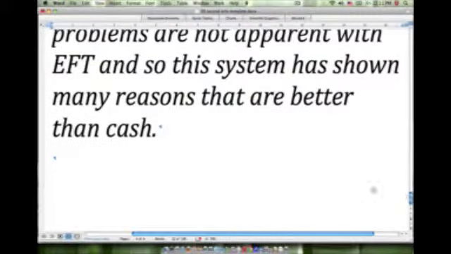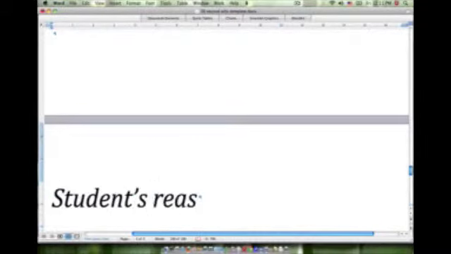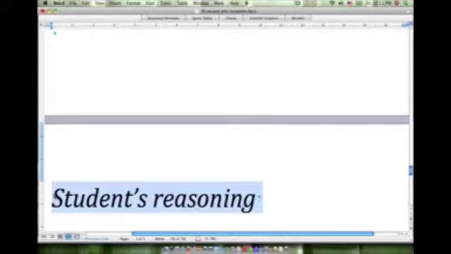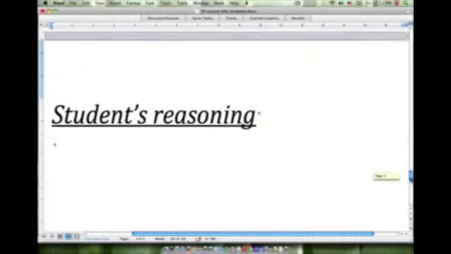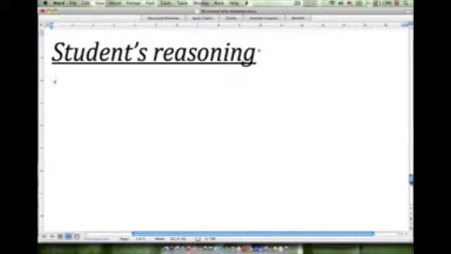Okay, that's the student's supporting paragraph. Now we're going to go back and correct it together, but I would like to just point out quickly the student's reasoning in this paragraph, which I think you will agree with me, is actually quite effective. So firstly, we know the student agrees that electronic funds are more beneficial than banknotes.